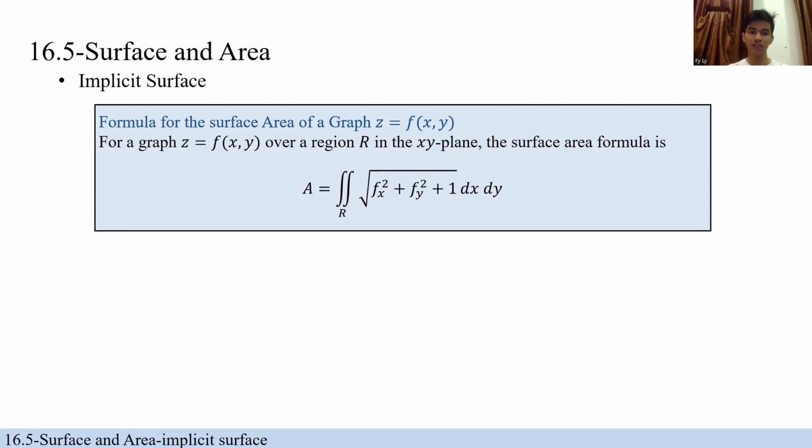So for the graph z equal to f(x, y) over the region R in the xy plane, the surface area formula is A equal to the double integral over the region in the xy plane of the square root of f_x squared plus f_y squared plus 1 dA. f_x right here is the derivative of f in terms of x, and f_y is the derivative in terms of y.